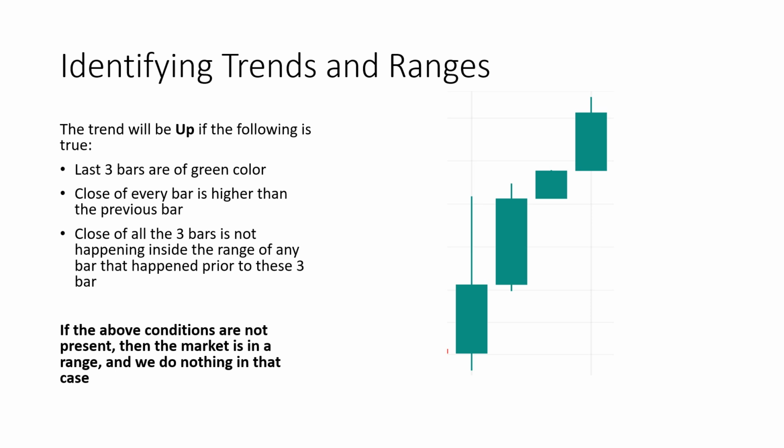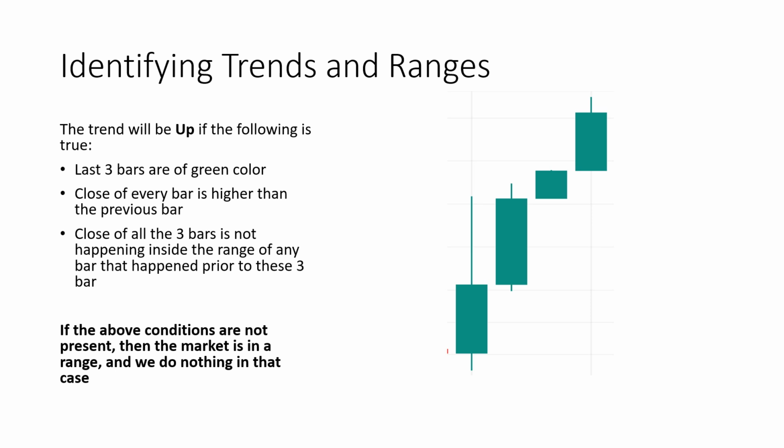Second, the close of every bar is higher than the previous bar. Obviously, if the color is green, the close is going to be higher, because a green candle itself portrays that the market has closed higher than it opened.